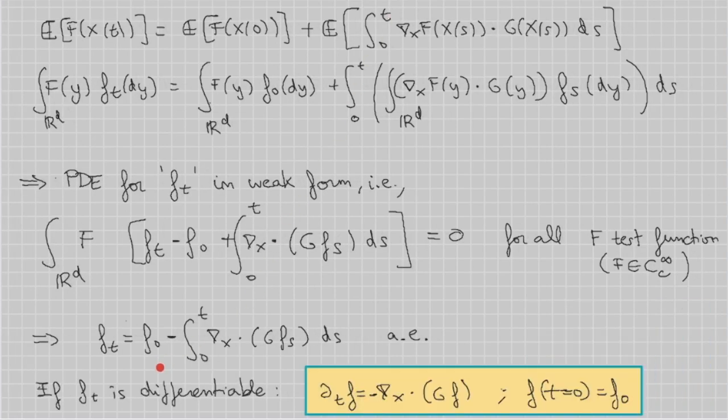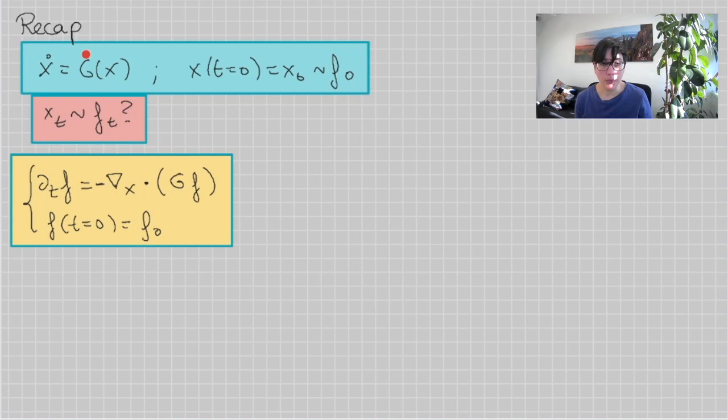If f is also differentiable in time, then I can differentiate this expression here, and what I obtain is precisely my partial differential equation. f, the law of x_t, satisfies that the change over time follows minus the divergence in x of the product g f. And this is my initial data. So just a final recap, we started with this ODE here, where we say the initial data is actually random.